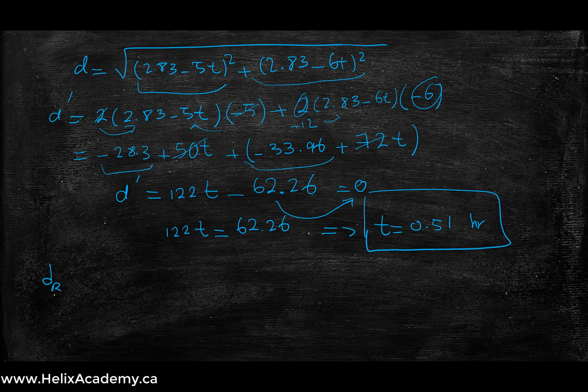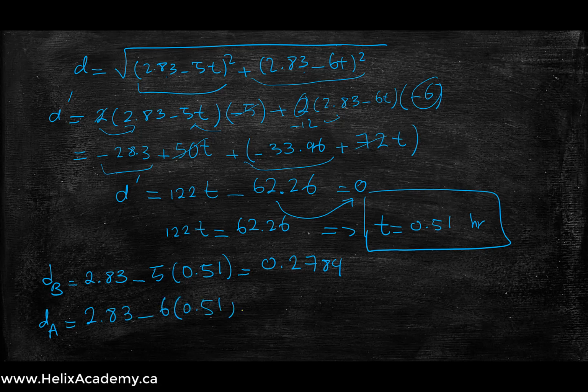So dB is equal to 2.83 minus 5t. Now for t, I'm going to substitute 0.51. And that will give me 0.2784.